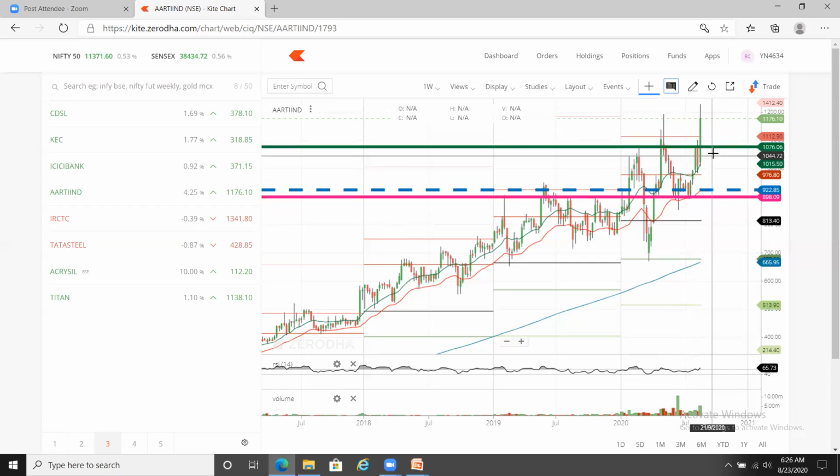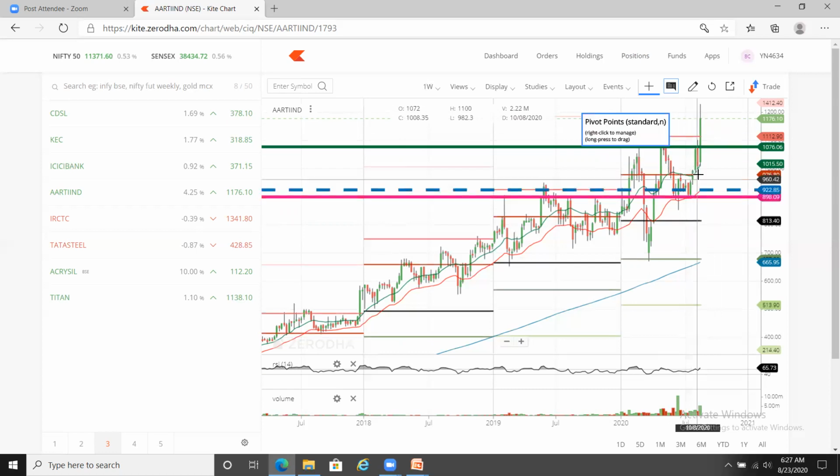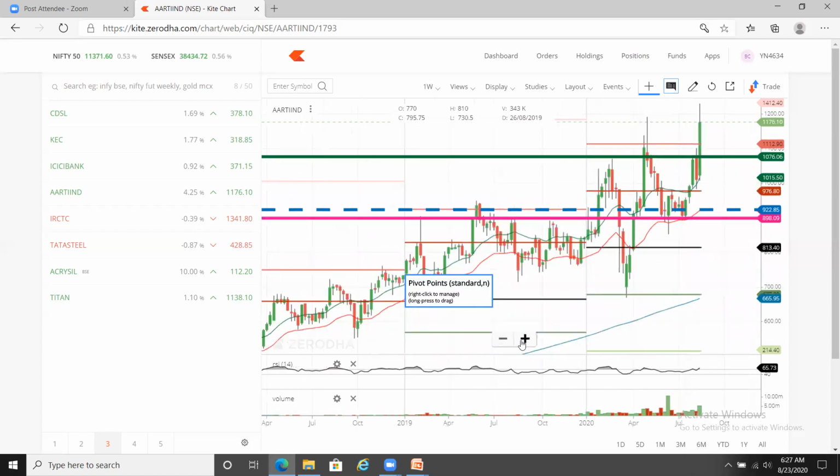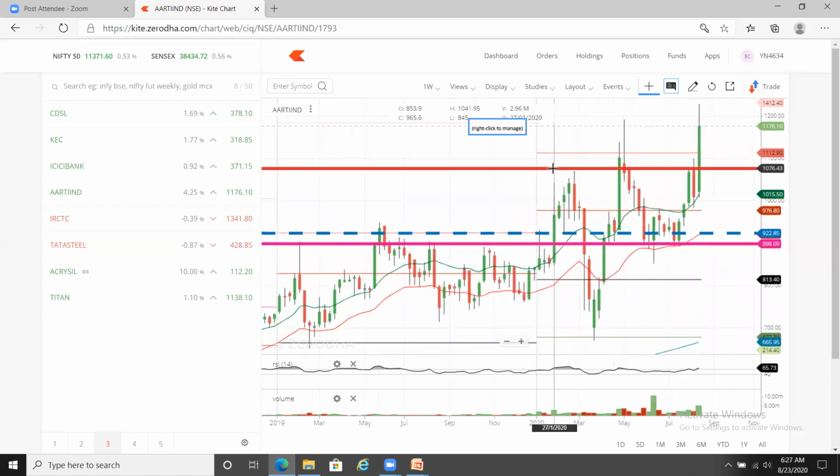And when it took support around 895, 900, what is the next resistance level? If I zoom in, the green line is showing you what the resistance levels are above 895, 900. The resistance level was around 1076.